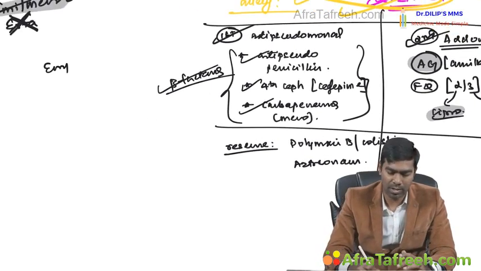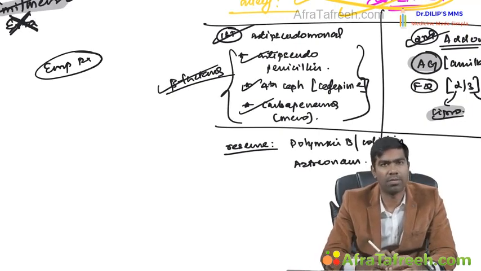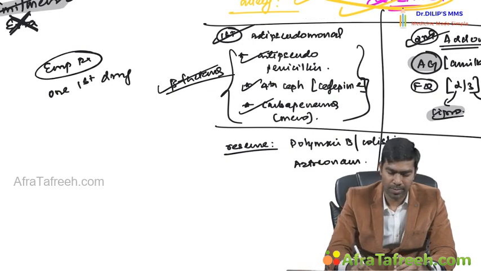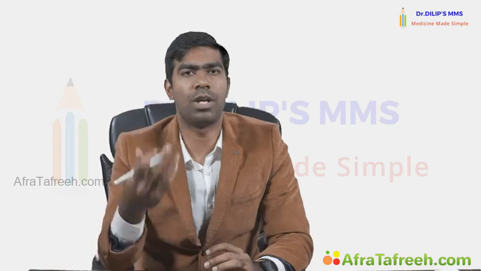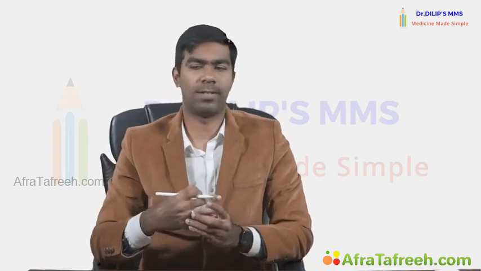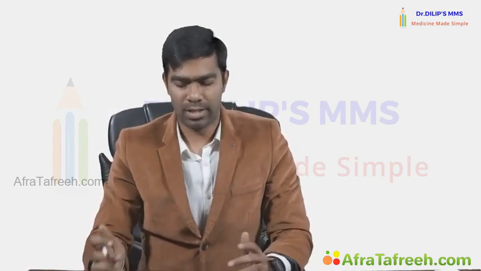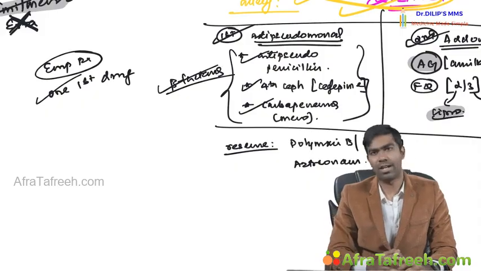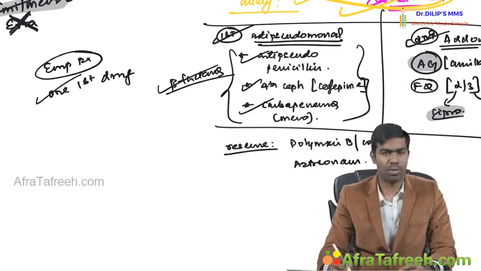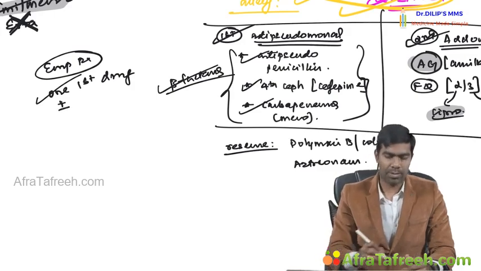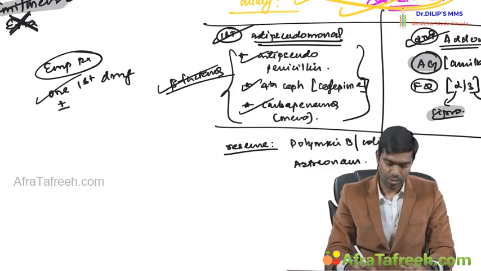Remember, for empirical treatment for Pseudomonas, just use one first line drug. That's all. So suppose in a community-acquired pneumonia, I want a drug that is going to cover Pseudomonas. In that condition, I can use just a single anti-pseudomonal drug, like an anti-pseudomonal penicillin, piperacillin tazobactam, or a cefepime-type cephalosporin or a carbapenem, suspected case, plus or minus, you are going to add a second cover.